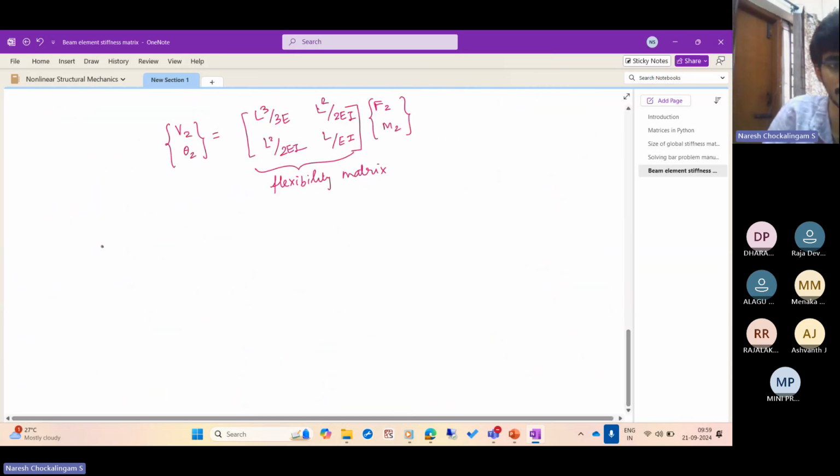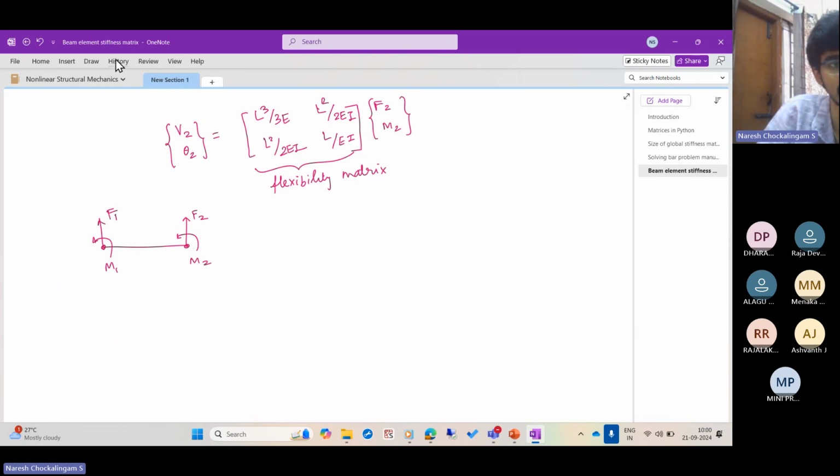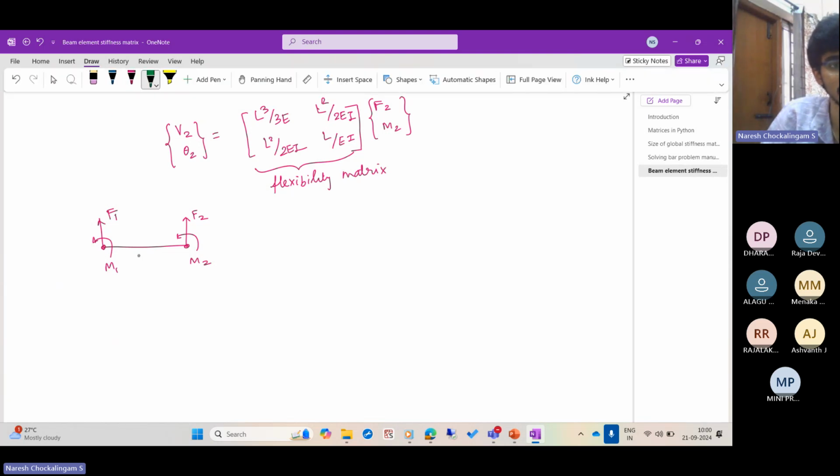Let's look at the force diagram once again. We have F1, F2, M1 and M2. What are the equilibrium equations here? First we have got one pair of relationships at the second node. But this in general is not in equilibrium.